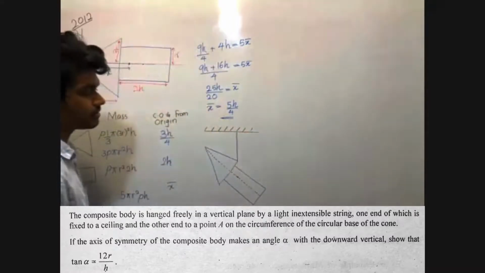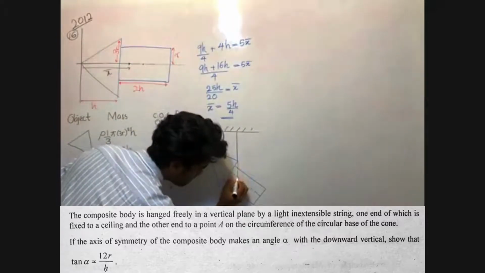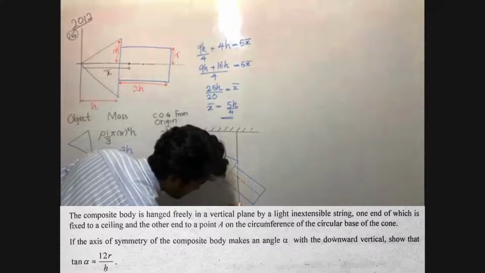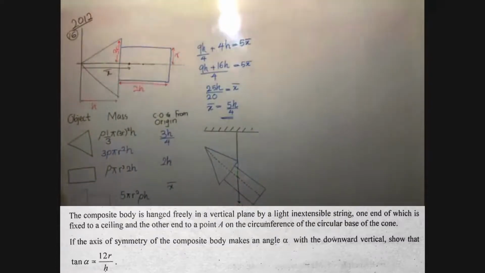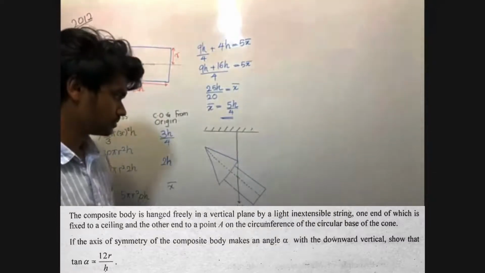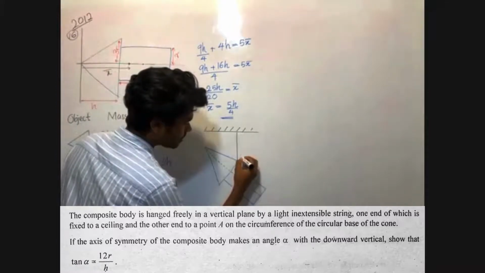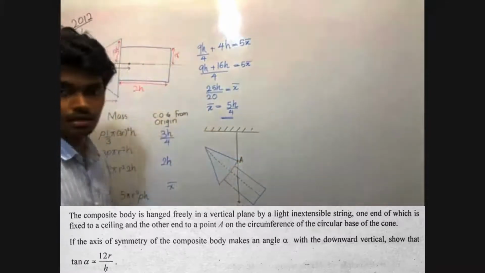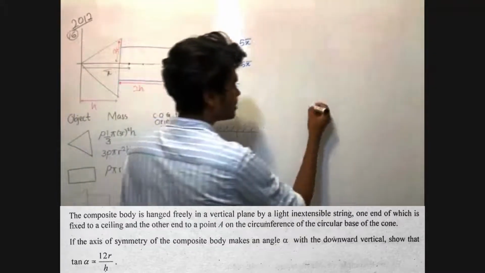It's hanged on a ceiling, so it will look like this. See the weight. It's hanged from somewhere here, A. So why did I straight away draw it like this? So that you can think about this.